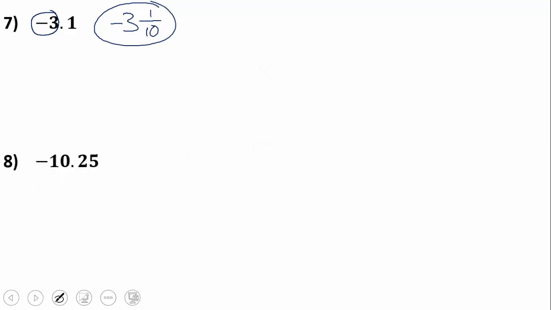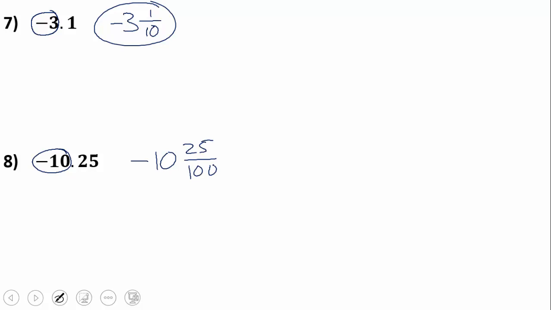Continuing on, negative 10 and 25 hundredths. So we can again take that negative 10 and put that right in front of our fraction bar. And we can put the 25 over 100. That's 2 decimal places. That's 2 powers of 10. That is 100.